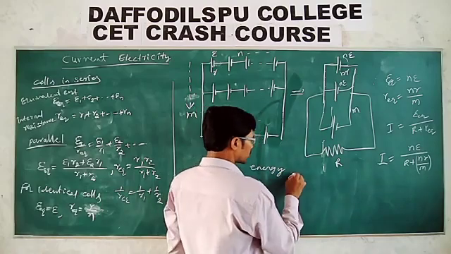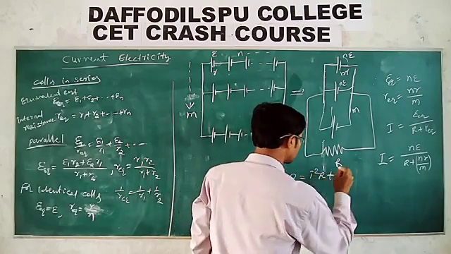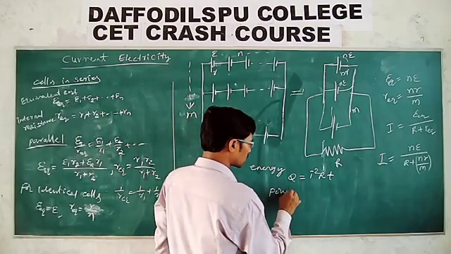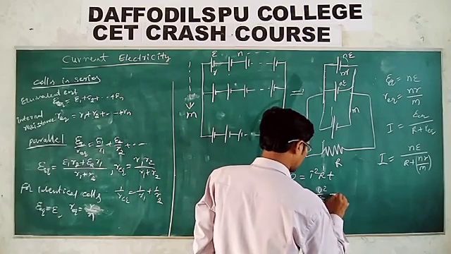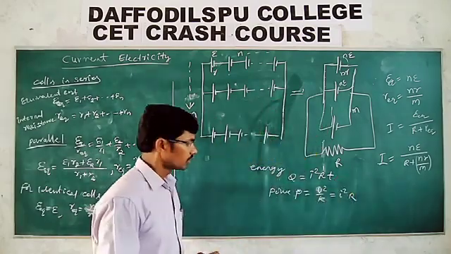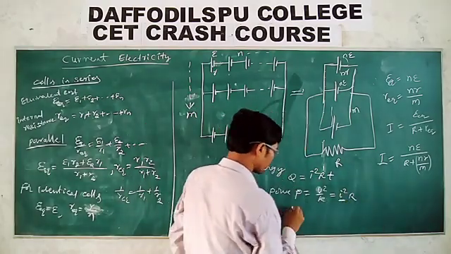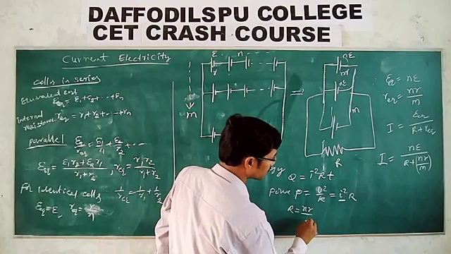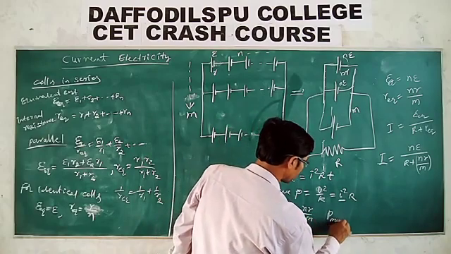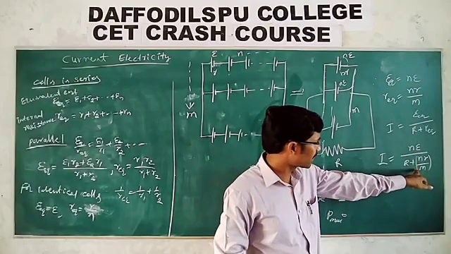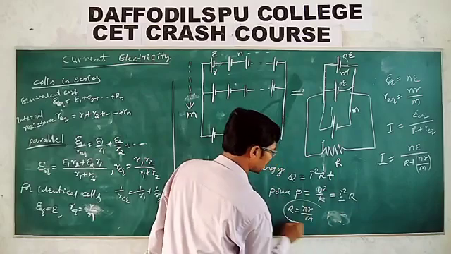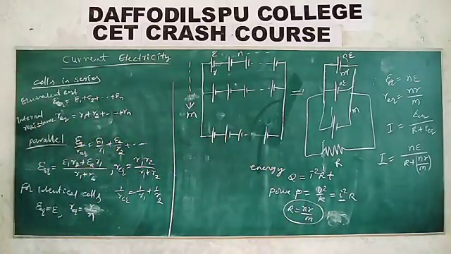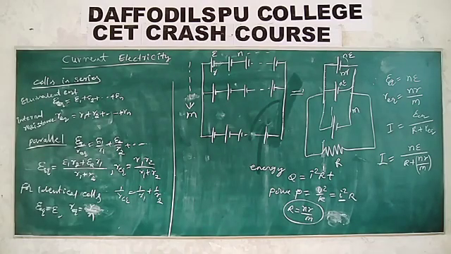Electrical energy Q is equal to I square R T, whereas power P is equal to E square by R, or I square R. The power is maximum if R is equal to n r by m, because then the total resistance is minimum and the current is maximum. This is called the maximum power transfer theorem.